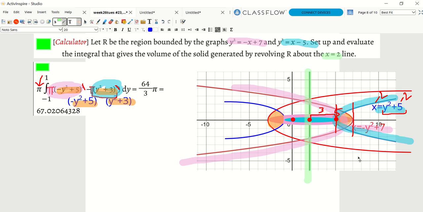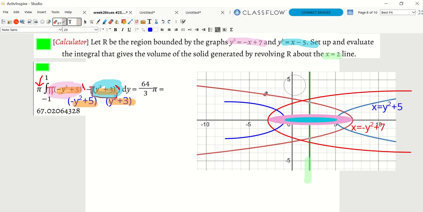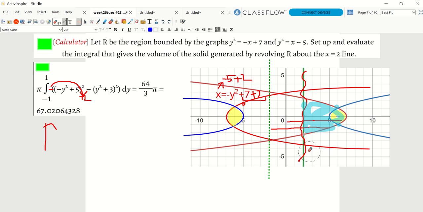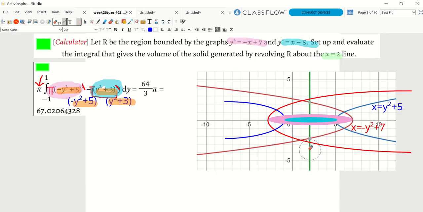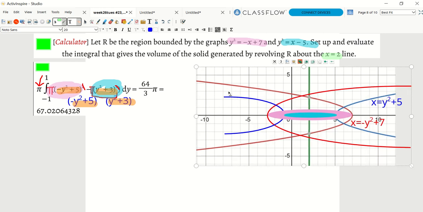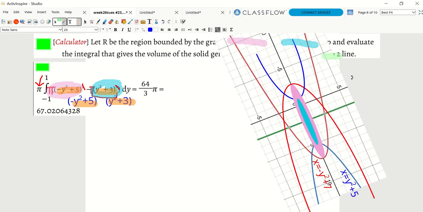When you flip your head like a confused dog, let's see if I can erase all this and still have it make sense. When you flip your head like a confused dog, let's go like this.